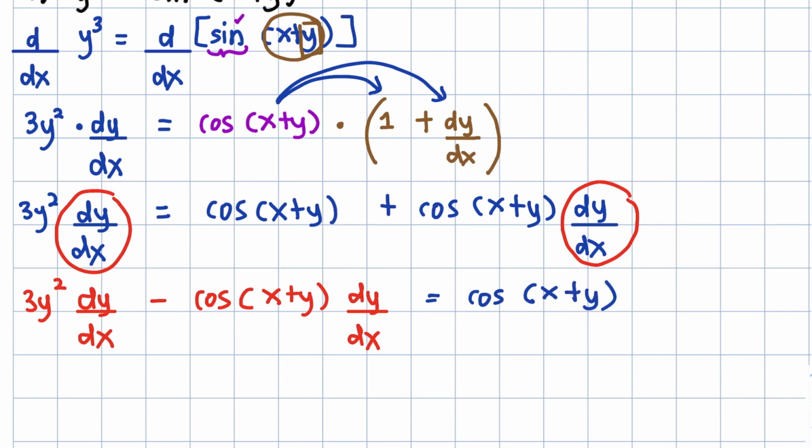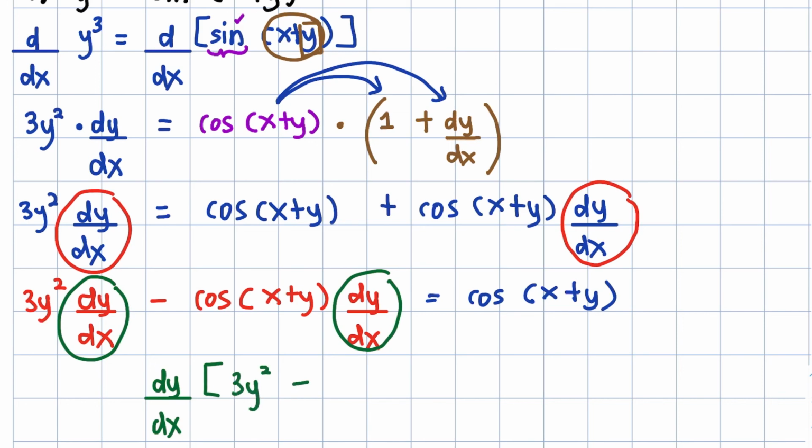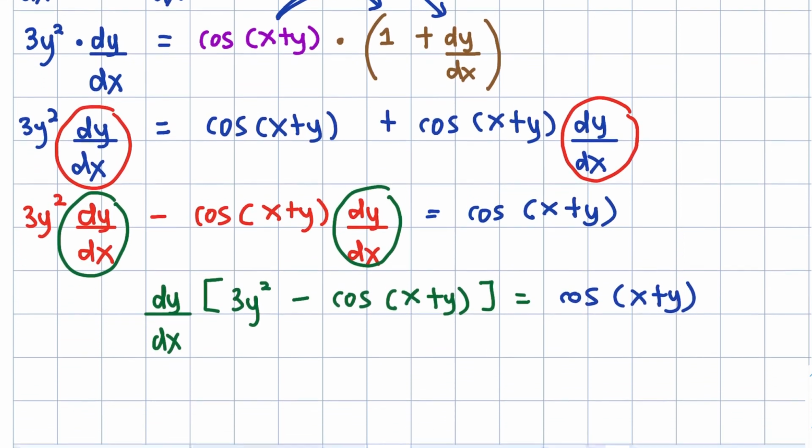Now you have to factor out your dy dx because you have two terms of dy dx. Factoring this out, you will be left with dy dx times a bracket. The first term gives 3y squared, the second term will just leave cos of x plus by y. Close the bracket, equal to the same cos of x plus by y. Now make dy dx the subject.